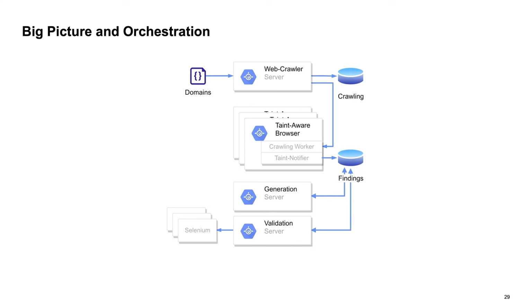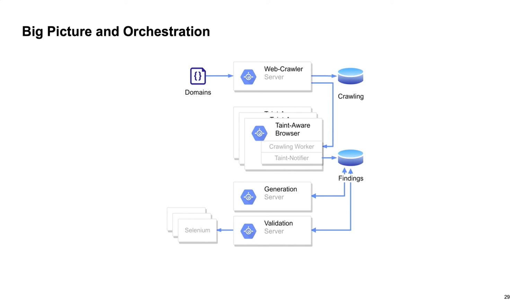In the first phase, the web crawler reads the list of the domains and from each domain extracts up to 10 pages from depth 1 and sends them to the taint-aware browser to be analyzed for suspicious taint flows. The result is then persisted for the next phases.